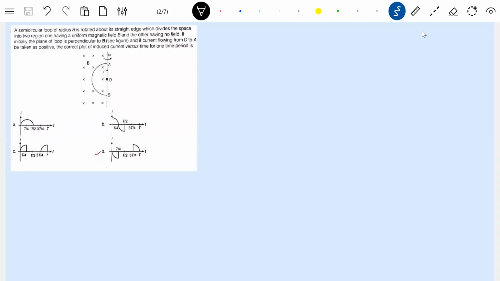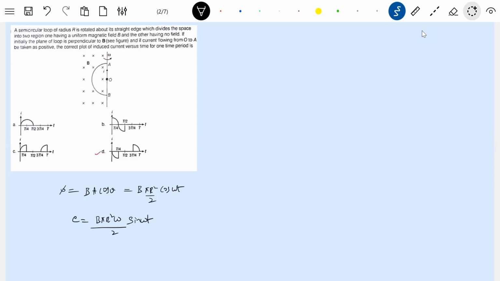So what is the effective flux? It will be flux equal to B into A cos omega t, or cos theta. B is constant, so this will be pi r square by 2, only a semicircular loop, no, into cos omega t. I'll differentiate this: B pi r square omega by 2 sin omega t.